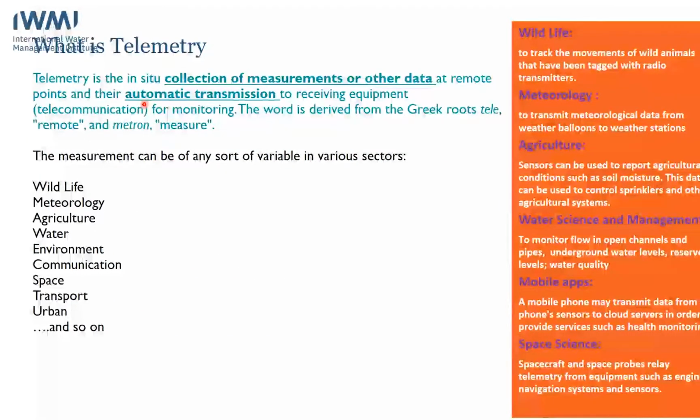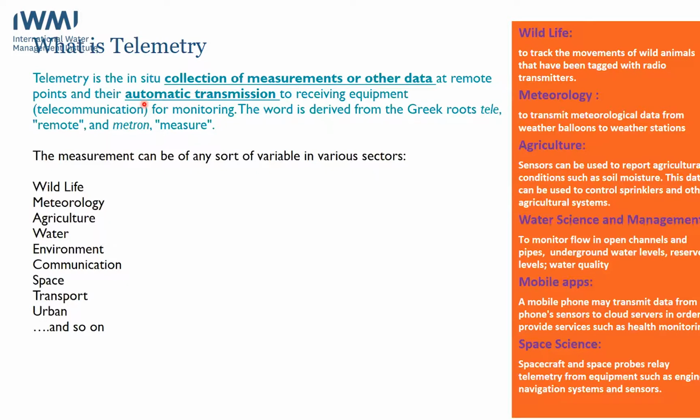So I'll start my presentation with the definition of telemetry. Telemetry is the in situ collection of measurement or other data at remote points and their automatic transmission to receiving equipment for telecommunication. So there are two essential parts of a telemetry system.